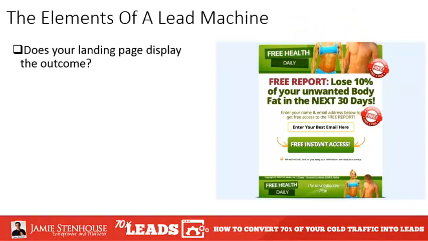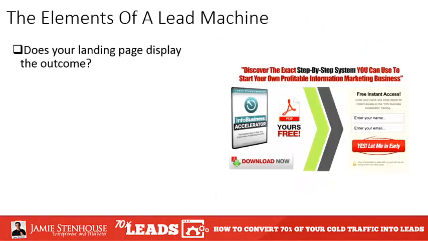Or the flip side of that is, of course, to show them the outcome of what they actually get if they provide you with their information. So in this case, they are giving away a PDF and it's shown here and here, right? So it is showing them the outcome of what happens on the next page, the action, right?